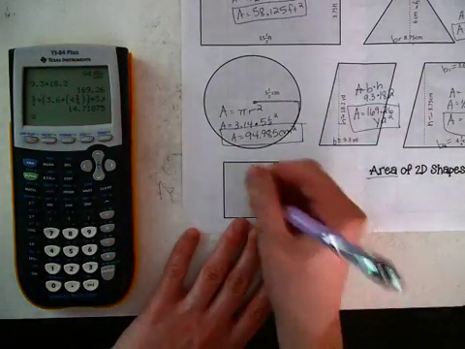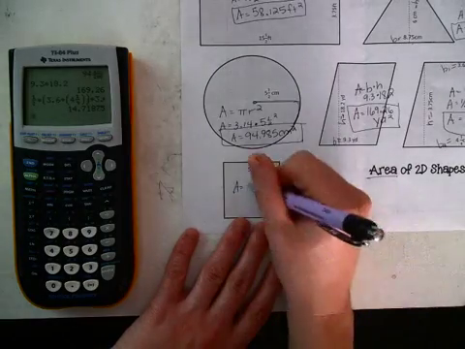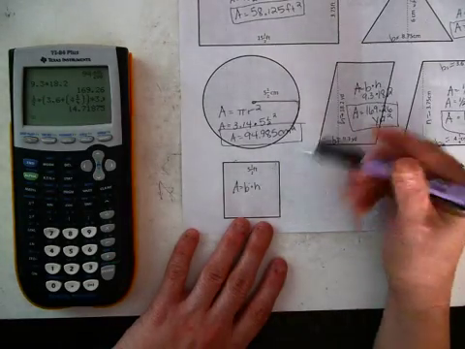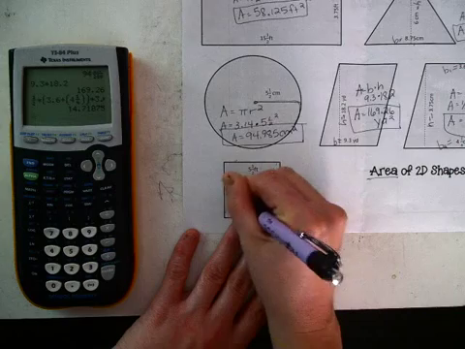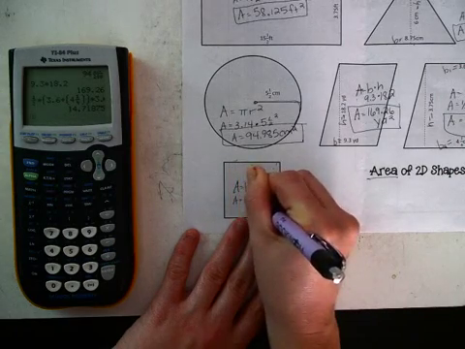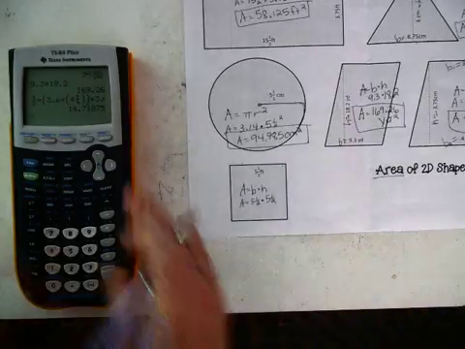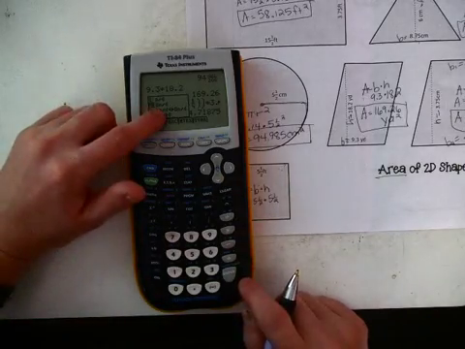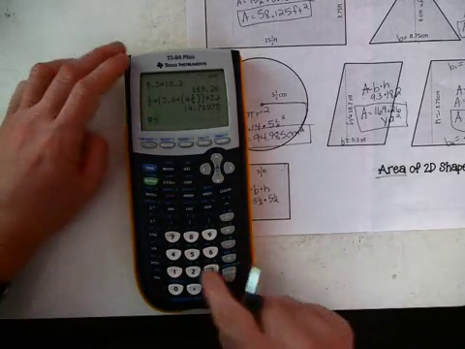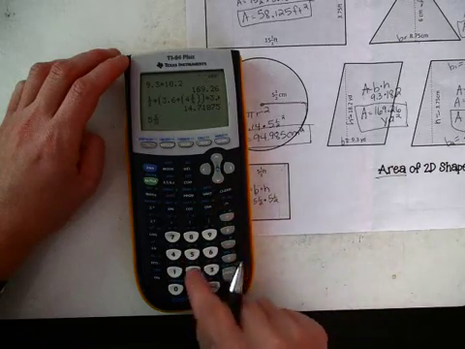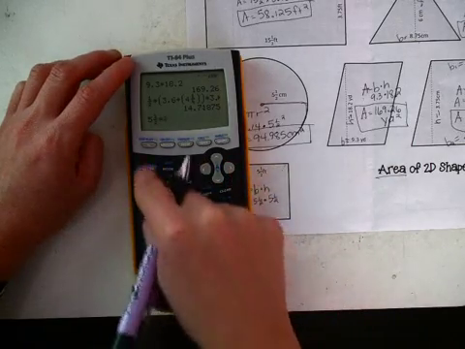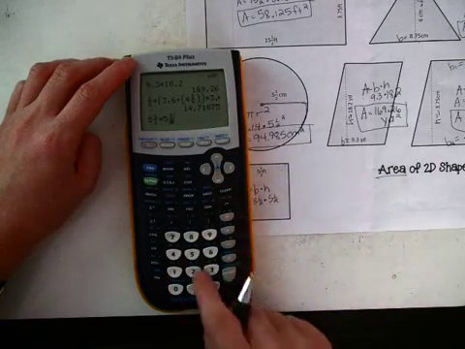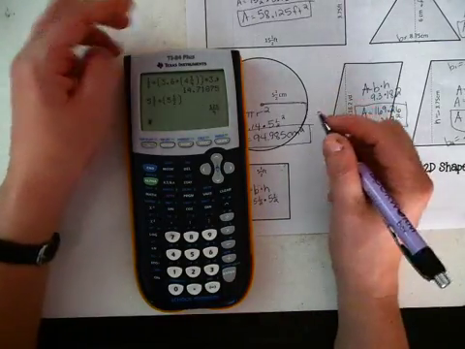Last but not least, A equals, and this is still just base times height, but it's a square, so the base and the height are the same. This is going to be 5.5 times 5.5. Again, I'm using the mixed number entry, so 5 1/2 times 5 1/2, and you get that.